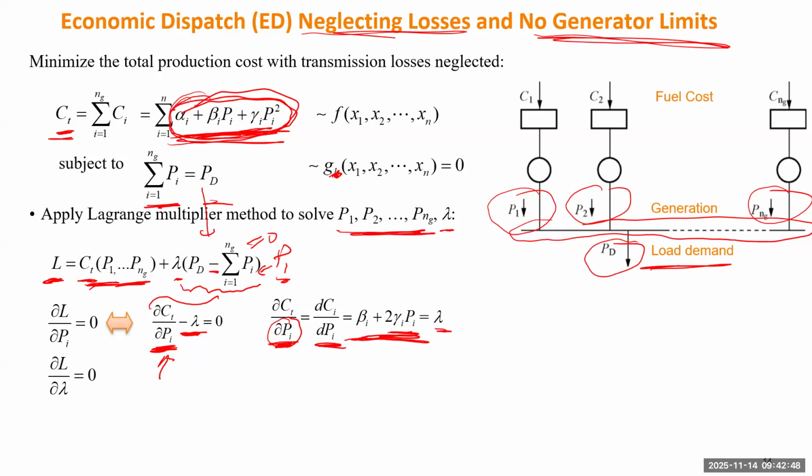It doesn't change with i. The left-hand side has i taking any value from 1 to n, but the right-hand side is just a single lambda. So what does this equation mean? This equation means all power plants need to operate at the same incremental cost, the same lambda.